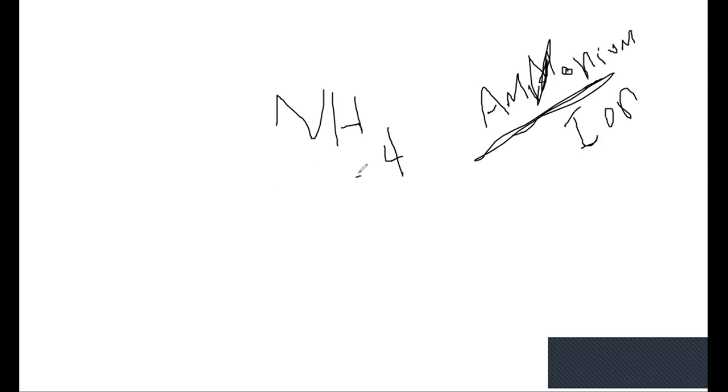How many hydrogen ions? Four. How many nitrogen ions? One. So the ratio is 1 to 4. Under the chemical symbol for hydrogen, we write 4, and for nitrogen it is 1, but 1 is not written. This is the ratio. 4 is called a subscript, and the subscript tells us the ratio of elements inside the chemical compound.